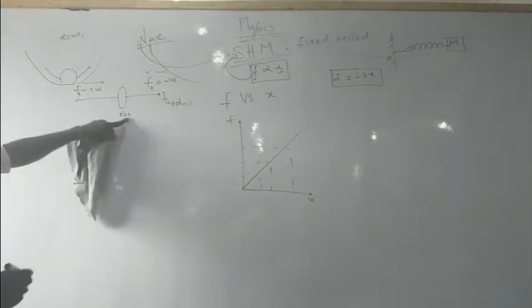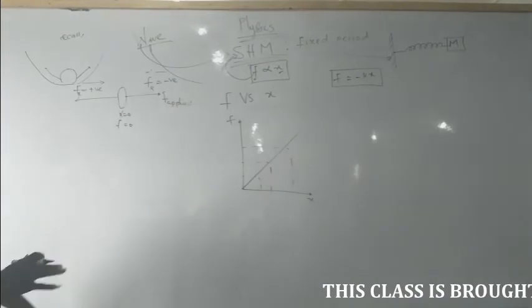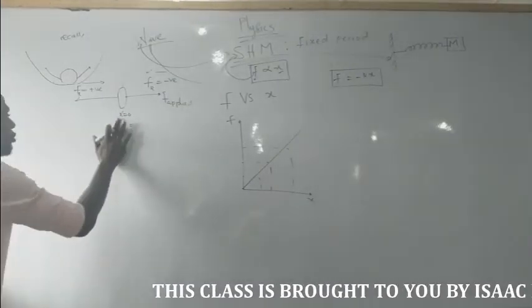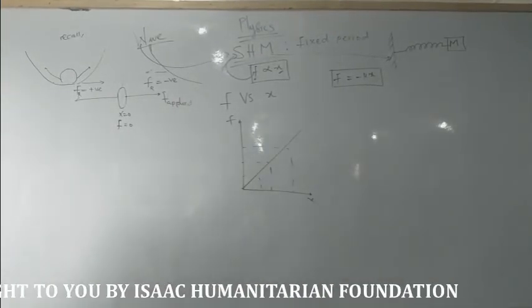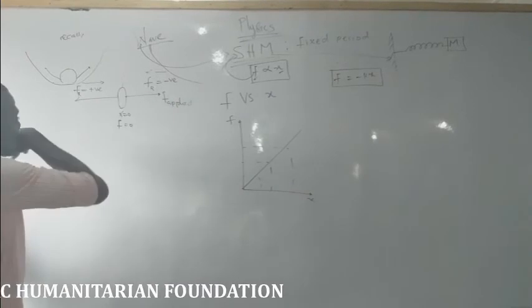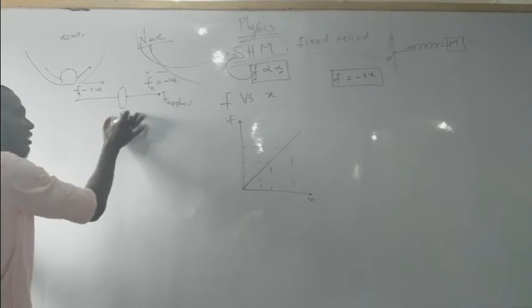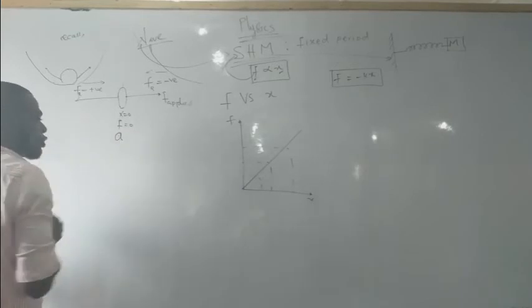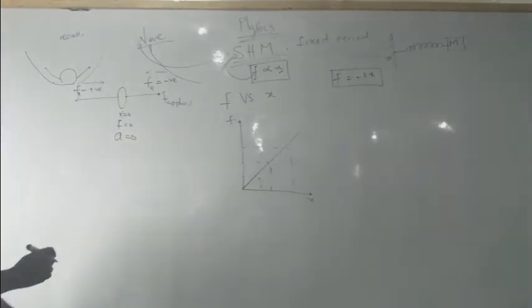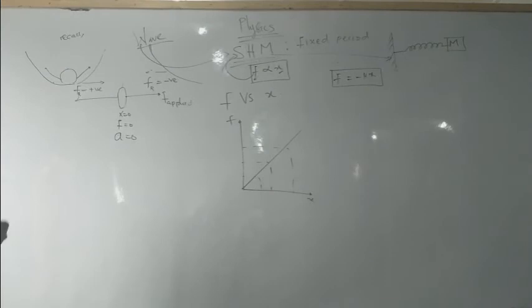Displacement is equal to 0, then F is equal to 0 at the equilibrium. Acceleration too will be equal to 0. Take note. Velocity will be maximum.